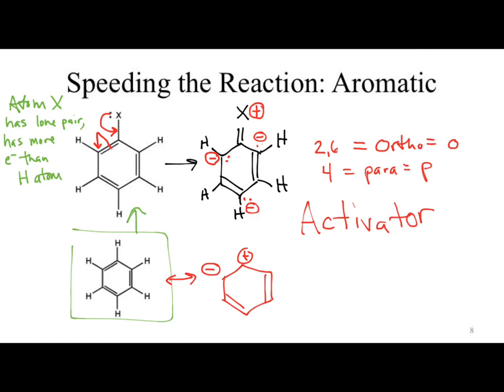Where's the negative charge in this structure? 2, 6, and 4, but we don't like numbers. Ortho, para, director. So that when we run the reaction, our electrophile is directed towards the ortho and para positions.